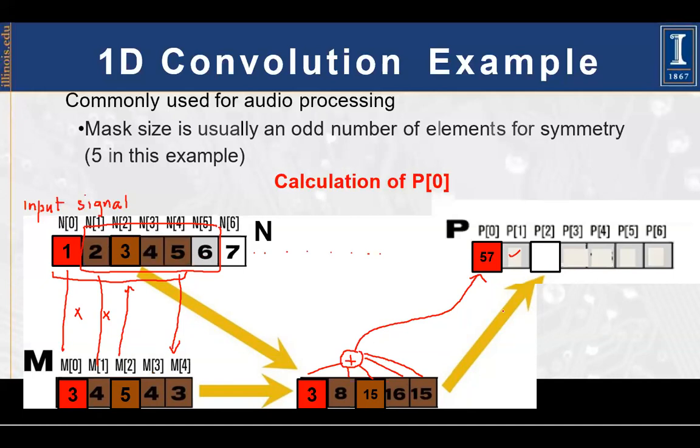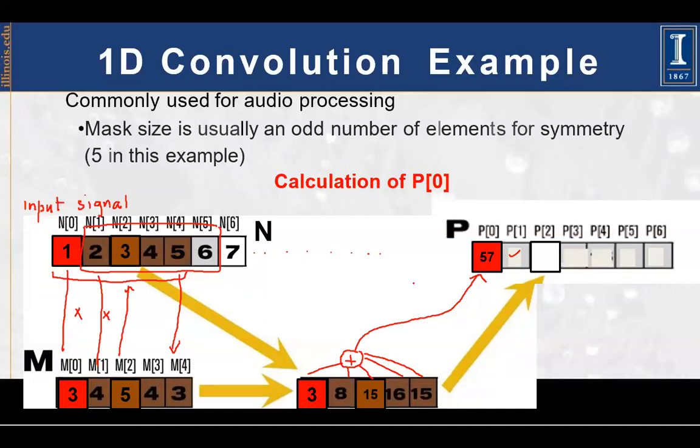You just keep moving this window of the mask over this data, keep taking the dot product or weighted sum, and keep writing it into the corresponding position where your mask was the starting point. Okay? So first we saw the calculation of P0 and then I discussed the calculation of P1.